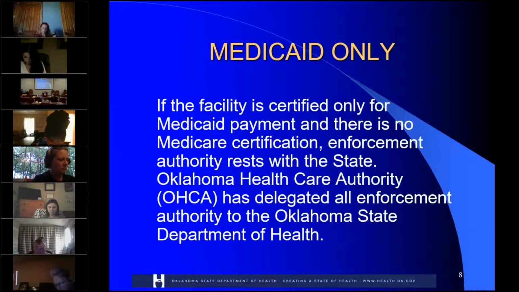We report it to them and they take care of their part. They will kick in that DPNA, the denial of payment for new admissions, though. We report it to them and they are the ones that control that money, of course, okay?